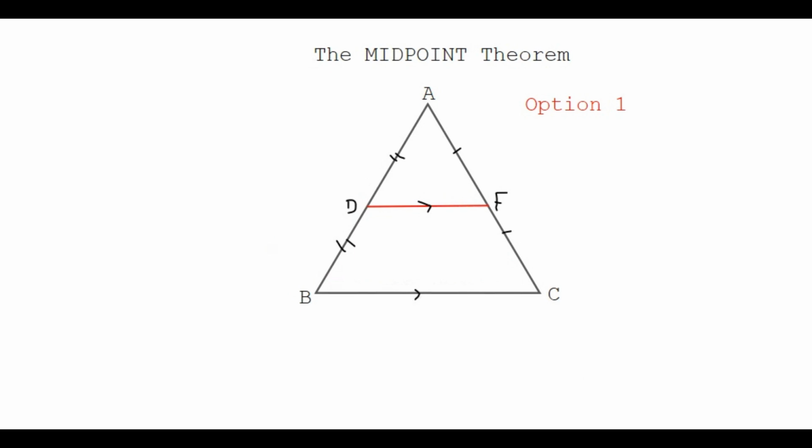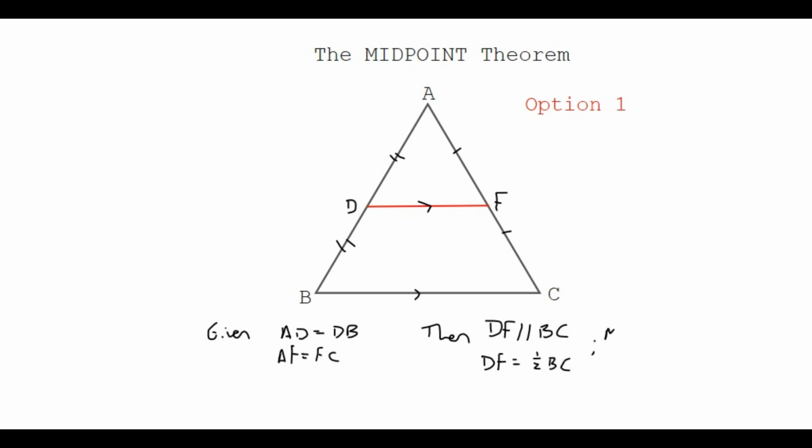So if it is given that AD equals DB and AF equals FC, then we could conclude that DF is parallel to BC and DF equals half of BC. And our reason there would be midpoint theorem.